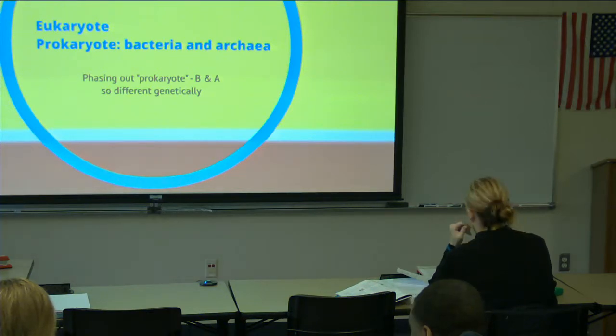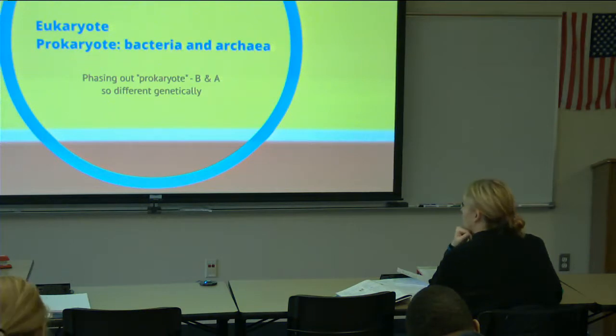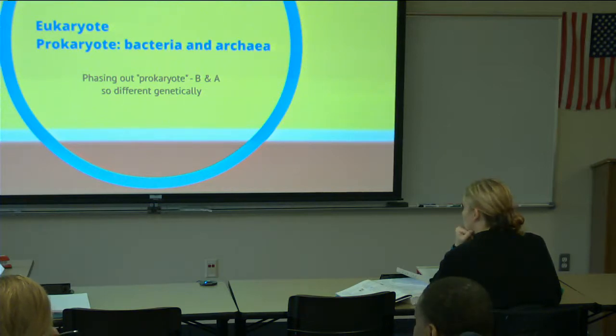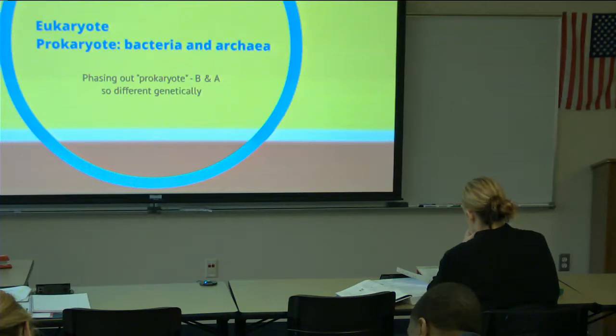Now, if we look at prokaryotes, what do prokaryotes have? I'll just write out the whole term. Okay, so prokaryote. Pro means before. Kary means nucleus. So these guys, they do not have a membrane-bound nucleus.